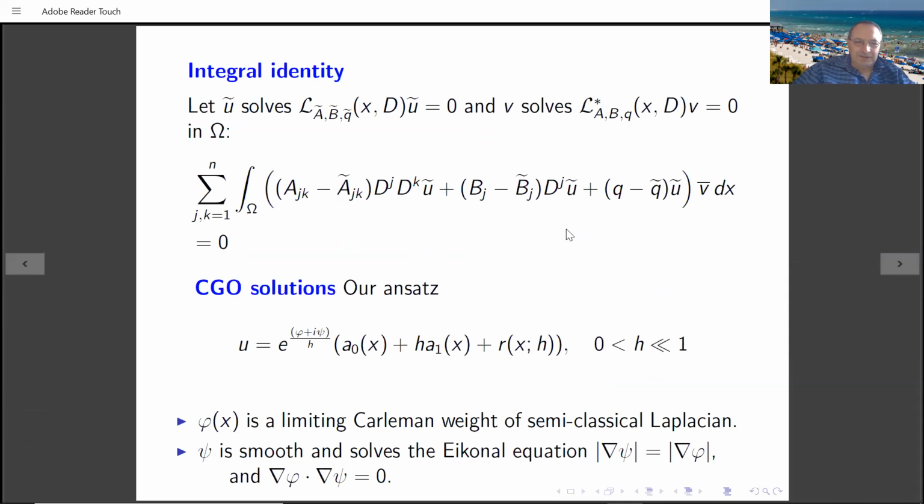Yes. Since you didn't write this operator in divergence form, that thing is not symmetric. Something bothers me here with respect to U and V. If you try to integrate by parts, you are going to get derivatives of A and A tilde. I'm not saying that it is wrong, but somehow I expect some kind of symmetry that I don't see.